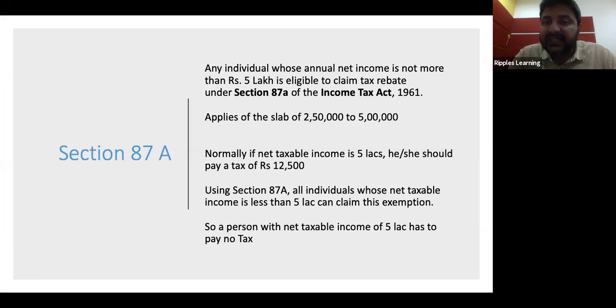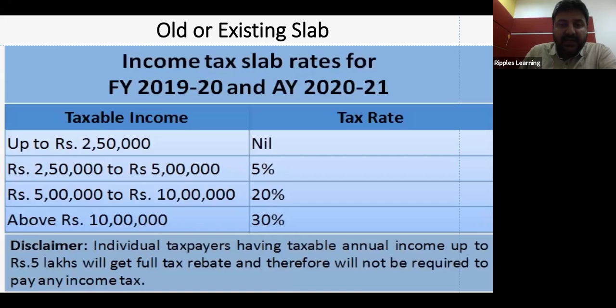Now what 87A says is that if your net taxable income, so you will have a taxable income, and then you take exemptions and savings and investment, and if you deduct all of that, you have a net taxable income. And if that net taxable income is up to 5 lakh, which is 5 lakh and less, then the 5% tax slab that we are talking about, you will not be paying anything. You will not be paying anything, right?